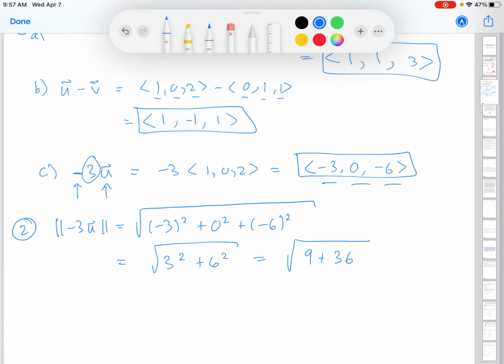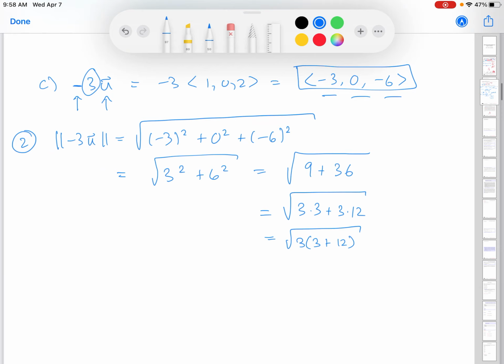And then what can I do from here? Well, I can write this as 3 times 3 plus 3 times 12. Great, so I factor out a 3. 3 plus 12. Great. So that tells me I have a new way to write 9 plus 36, so there's nothing special going on here. But then I realize that I have another 3 that I can factor out here.